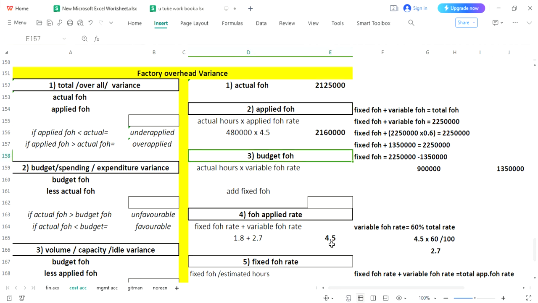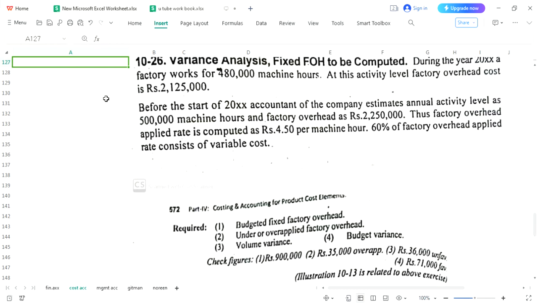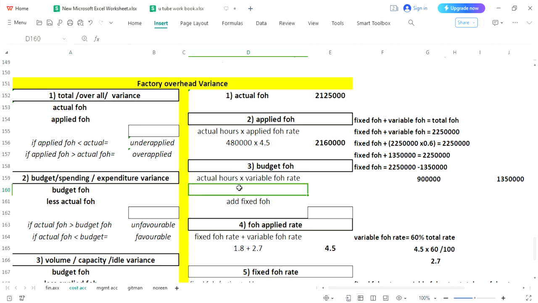It's time to calculate budget FH. All right. For budget FH you need actual hours, and it has already been mentioned: 4,80,000 is your actual hours. You can put it over here. 4,80,000 would be multiplied with the variable FH rate. Look here, we have calculated variable FH 2.7. It has also been mentioned over here.